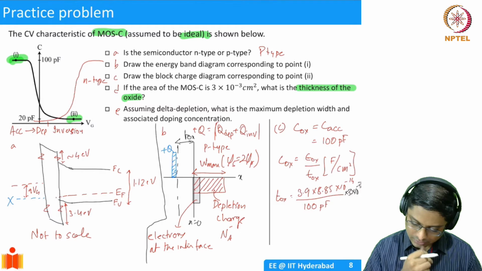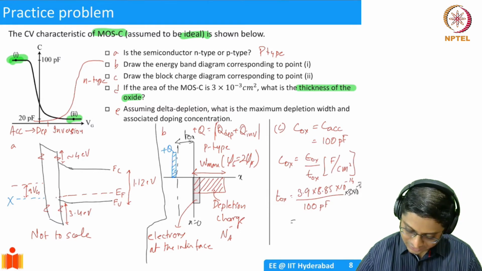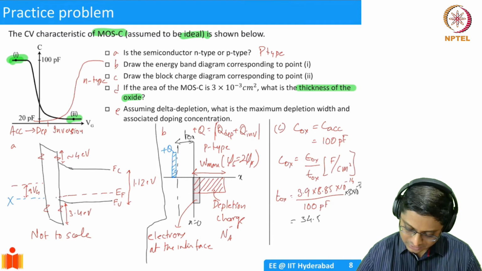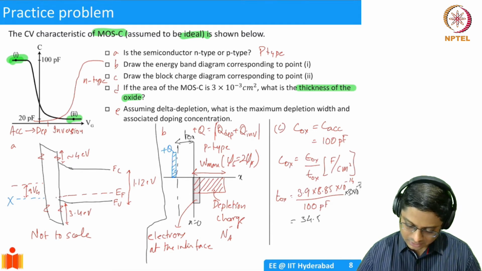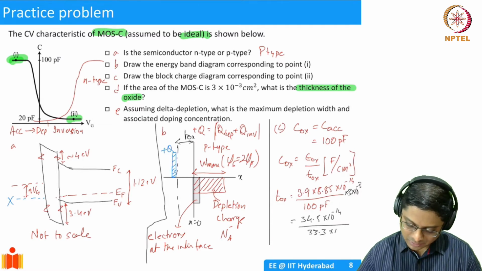Good. So this will turn out to be, I know the numerator very well, this is 34.5 times 10 power minus 14. I'll divide by 100 by 3. That I know, it's going to be 33.3. And 10 power minus 3 will go. So this will be 10 power minus 9.